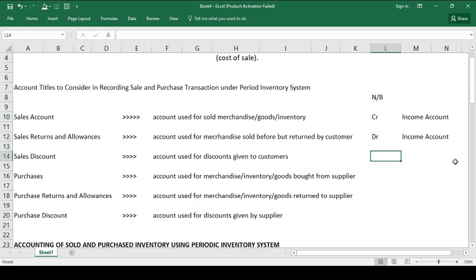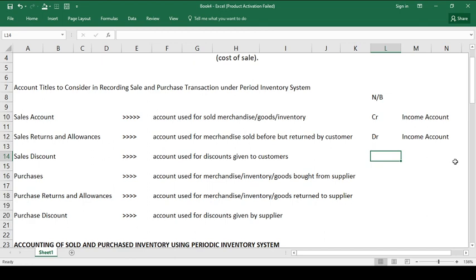That's the normal balance. Let's proceed to the next account title that we need to consider if there is a sales transaction, sales discount. An account used for discounts given to customers. Ibig sabihin, if the seller gives discounts to the customer, it must be accounted for.